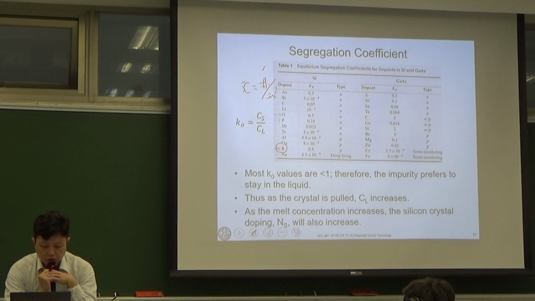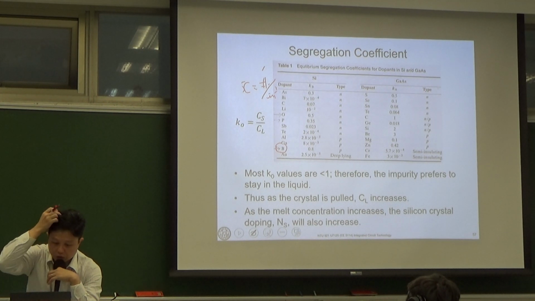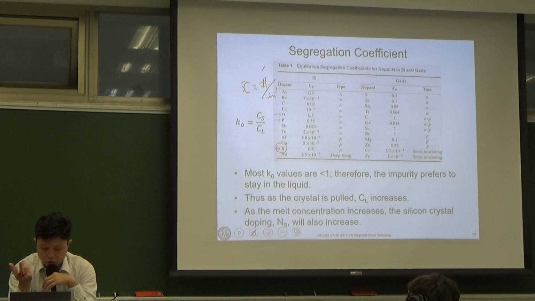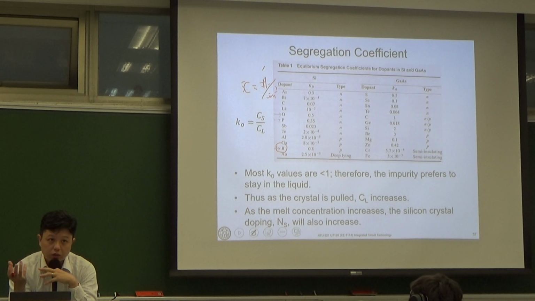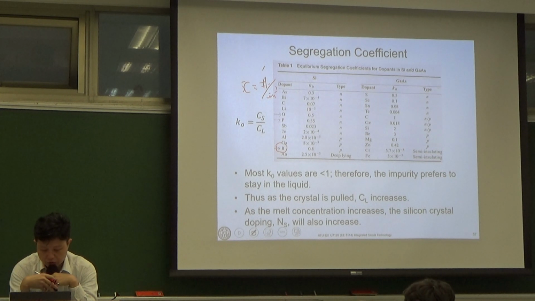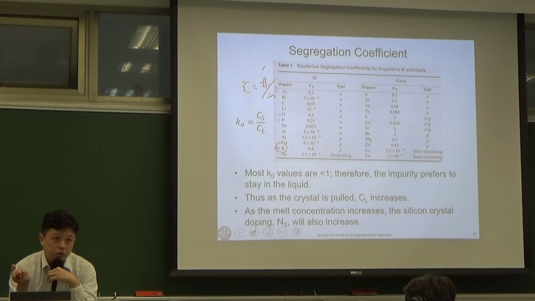Since the impurities tend to stay in the liquid, when you pull the crystal, you can imagine that the impurity concentration of the liquid will continue to increase as you pull the crystal out of the liquid. So once the liquid turns back to solid, the impurity concentration in your solid will also increase.